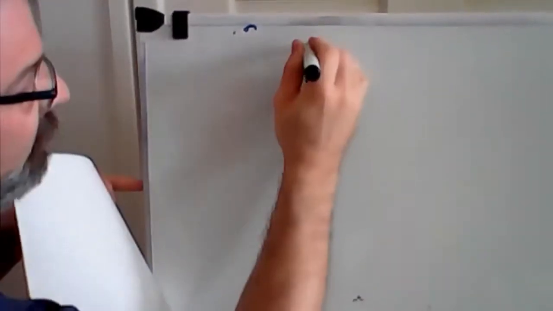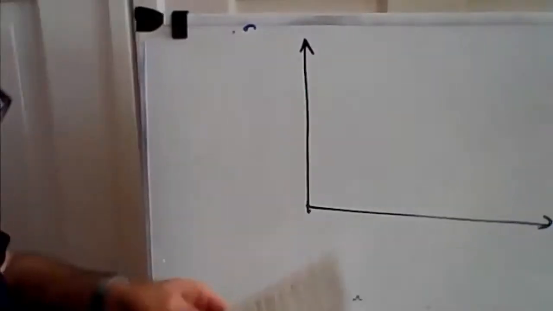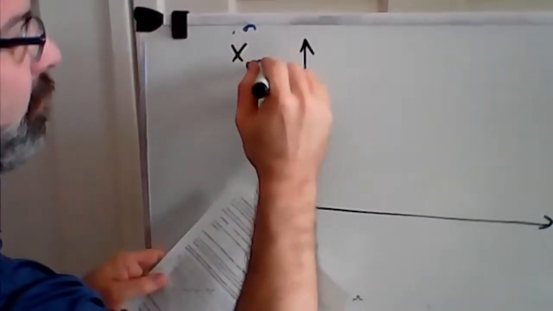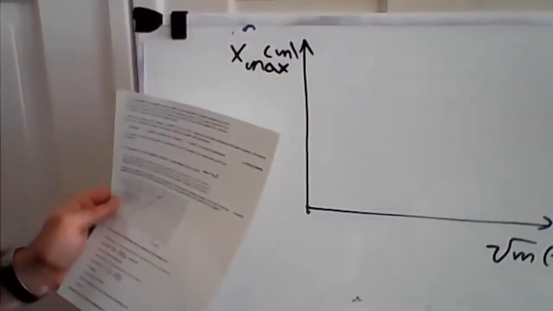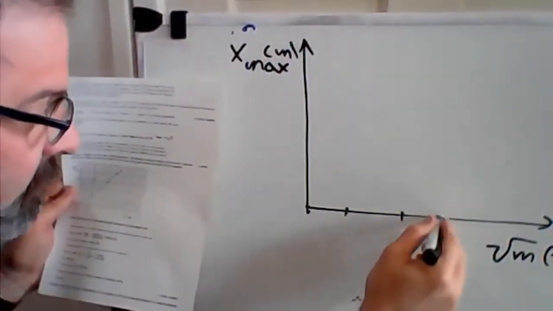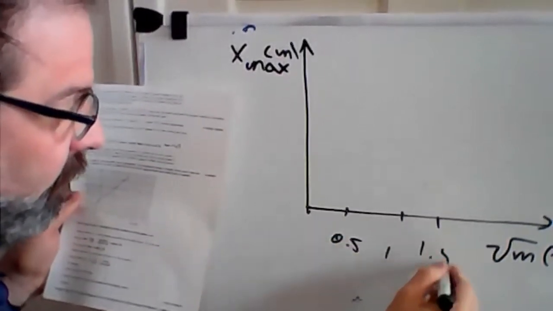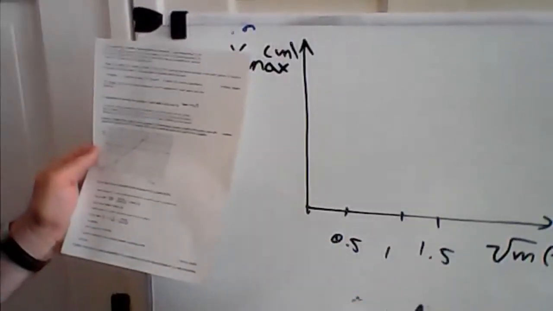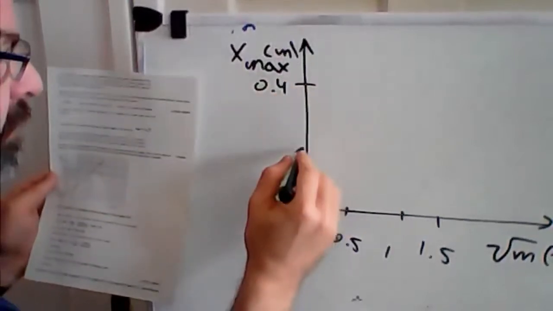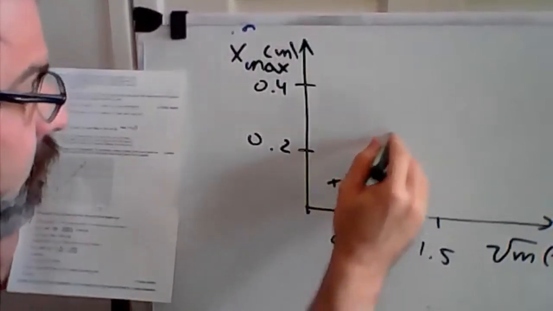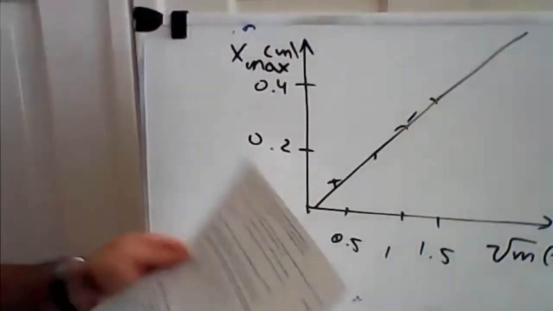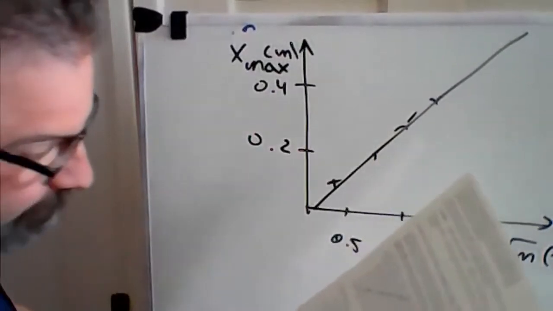We had a graph of x max in m's, and then here we have a square root of m in square root of kilograms, and the values went up to about 0.5, 1, 1.5 or so, and then over here went up to about 0.4, 0.2, and then the line looked something like that, okay? And there we go.